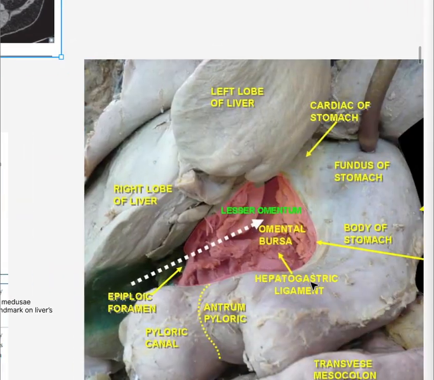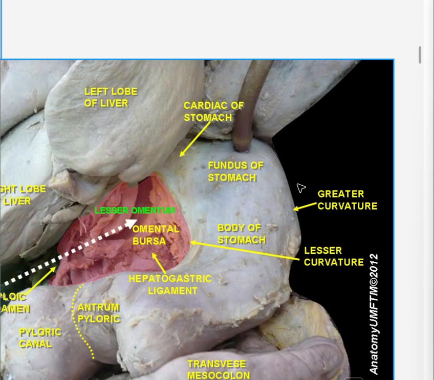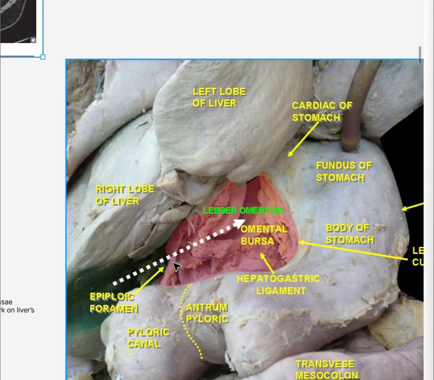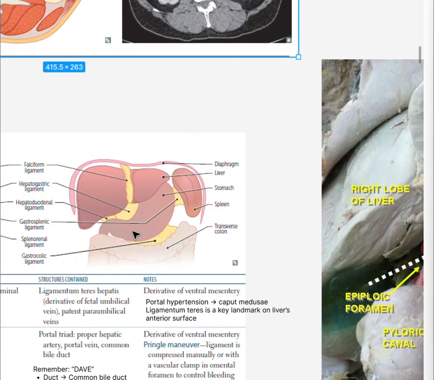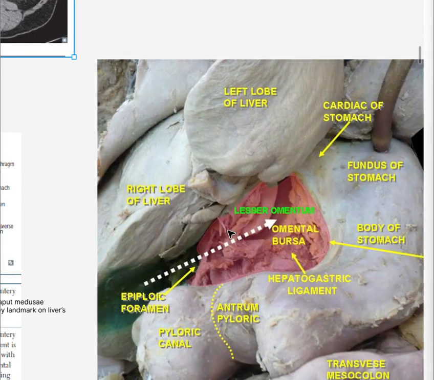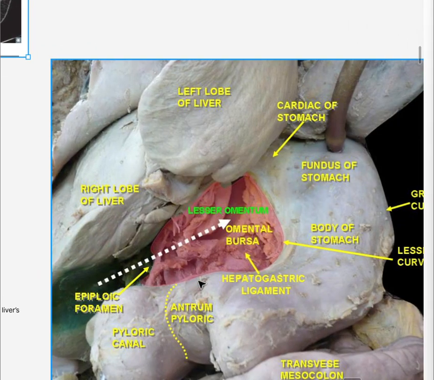Can you see how you have the lesser omentum here? So this hepatoduodenal ligament becomes part of this lesser omentum, right? One more thing that is important is that clinically this is very high yield, because there's something called the Pringle maneuver.